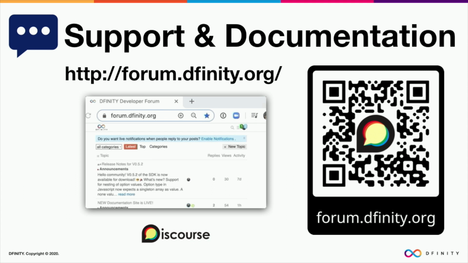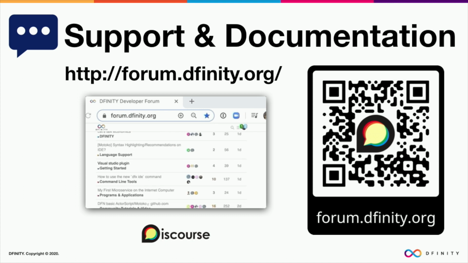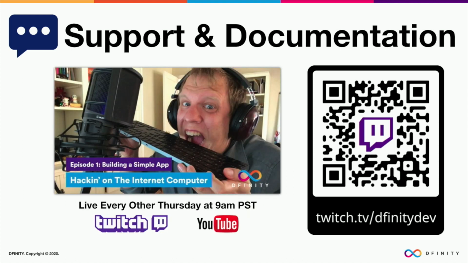Every other week, we do have a live stream with yours truly of how to build on the internet computer, and we post it on YouTube the week after. Basically, we're kind of in cadence: live one week, edit a week, and then post it on YouTube the week after, and then switch.